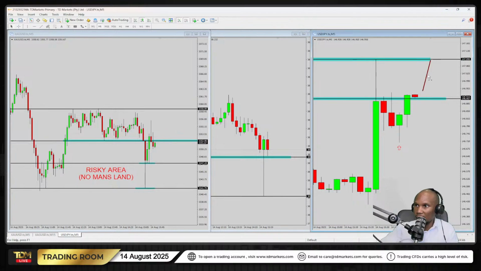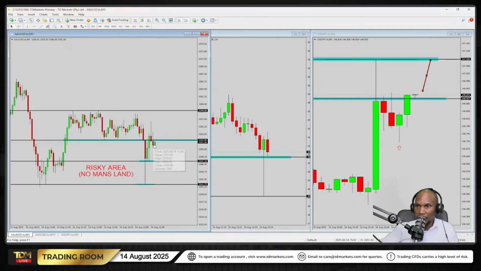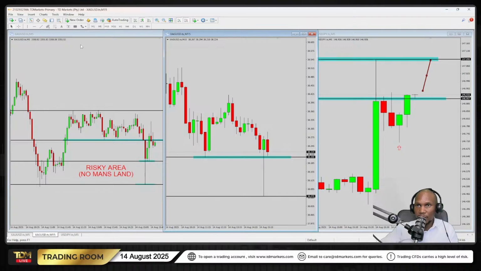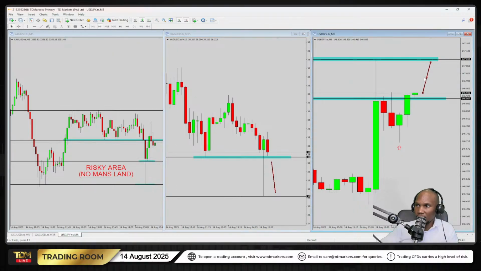So a bit of a scalping opportunity there. Gold needs to go a little bit lower. However, silver needs to break this support and give us this possibility. So we've got this possibility on UJ: as long as price has broken above that, then we're looking for this.